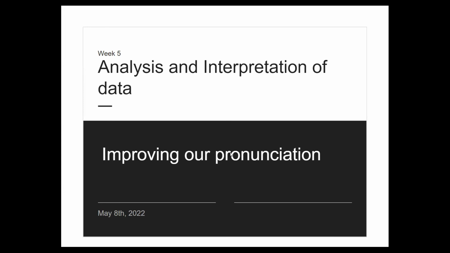There are two types of information, or two types of data. One that is qualitative and the other one that is quantitative. I'm going to talk a little bit about qualitative because I think that's the one that is harder to analyze and to interpret, because the quantitative one is basically having a number.